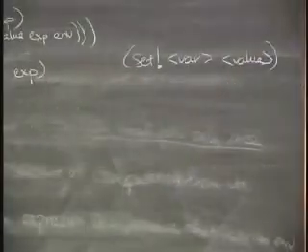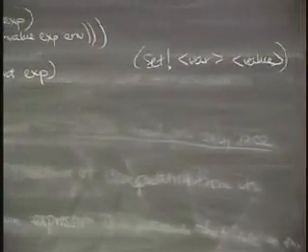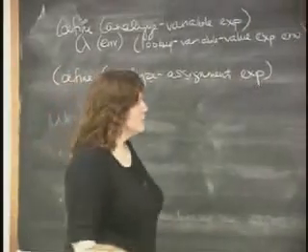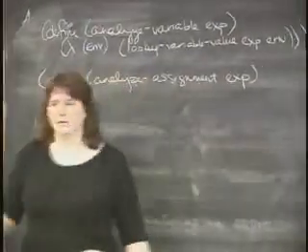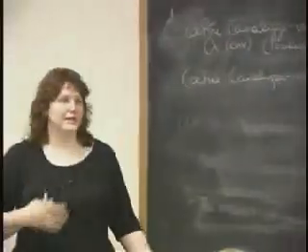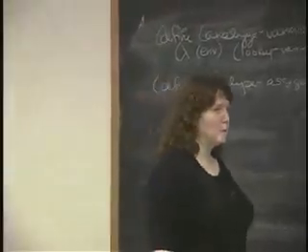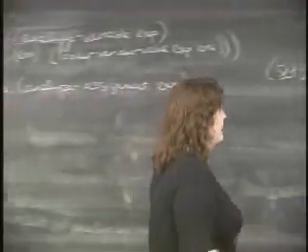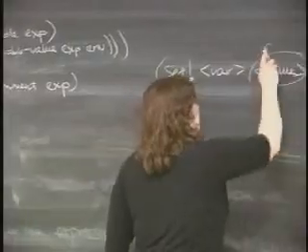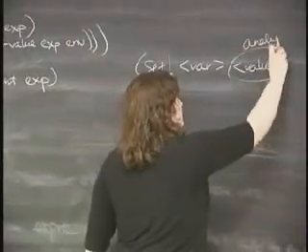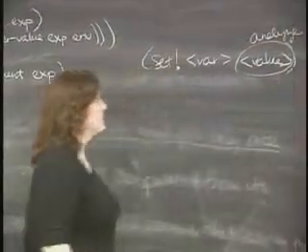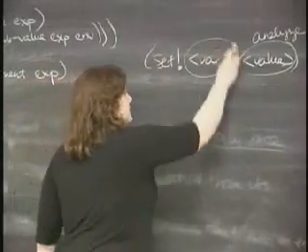So what's likely that I'm going to want to do here? What can I do before the lambda? What's the stuff that I can do in the absence of an environment? I can analyze this. Well, I should also analyze this.